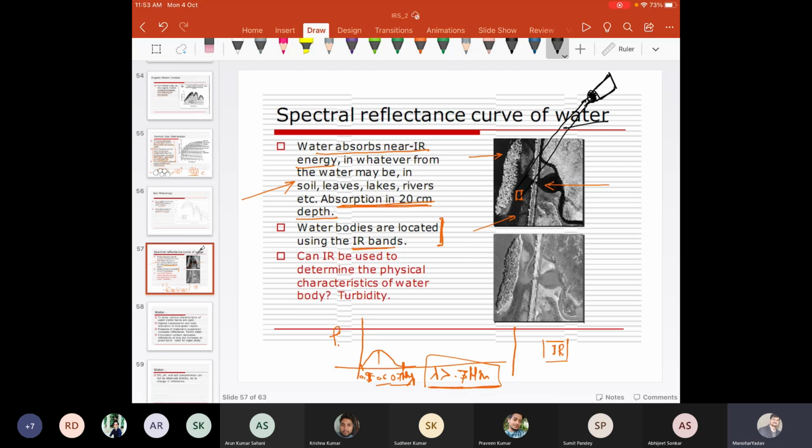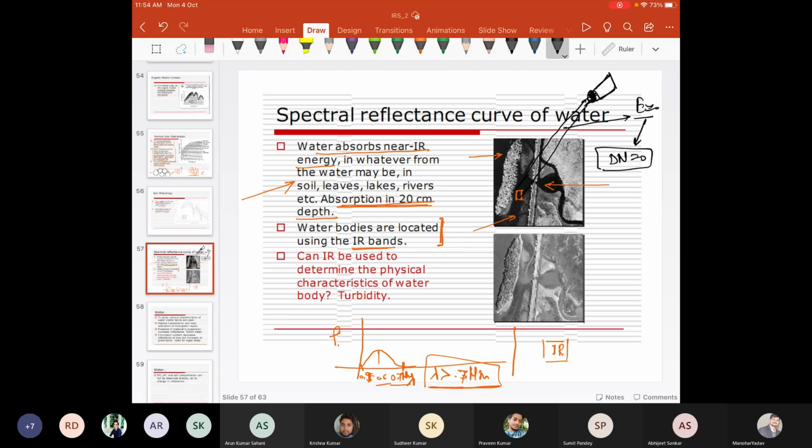Nothing. It will be very less. If water absorbs, then there will not be a return, there will not be reflected energy. So if energy is very low, close to zero, a low DN value is assigned, and obviously if E is equal to 0, DN will be 0.